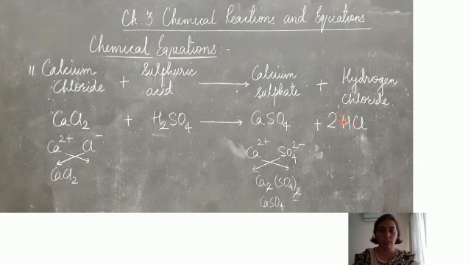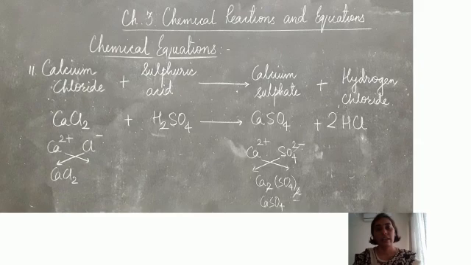But we have already written a coefficient 2, so this hydrogen becomes 2. The remaining is the same. Sulfur here we have 1, here also sulfur is 1. Oxygen is 4, here also it's 4. So with this we can easily balance the equation. I hope you are following it. Write down the equations, make the molecular formulas so that you can remember them.